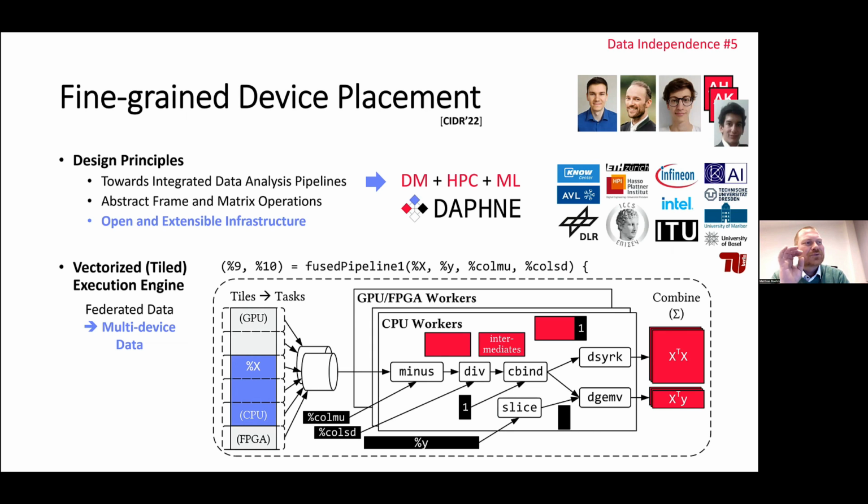That allows us to minimize reads and writes to main memory, keep intermediates in caches, and fully utilize heterogeneous workers, including multiple CPU workers, GPUs, and FPGAs at the same time for certain operator pipelines.